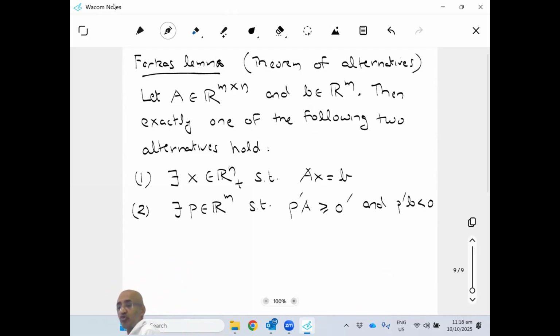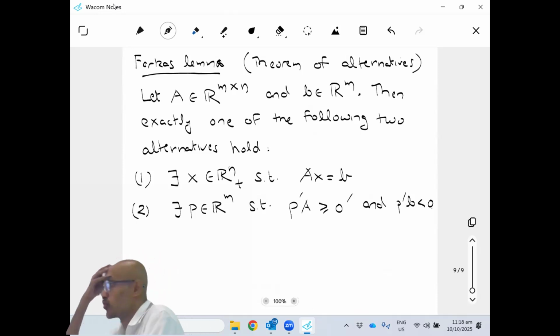You can see by just looking at the statements, this looks something like duality. This looks like the feasible region of a standard form LP, and this has something to do with dual variables of the dimension of b and the signs of these constraints.